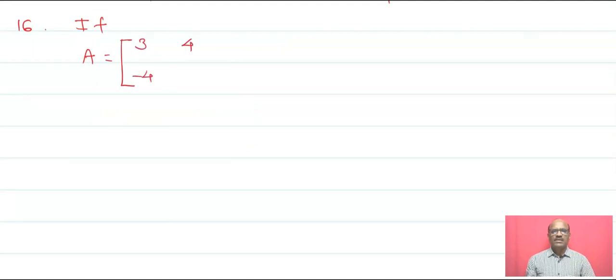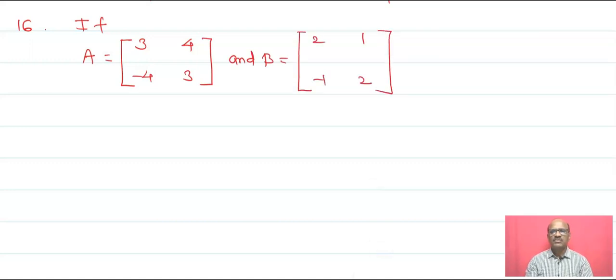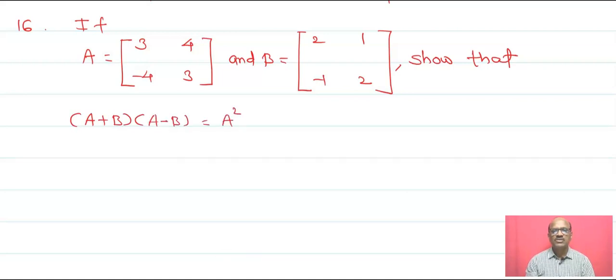Now next is question number 16. If A is 3 4 minus 4 3 and B is 2 1 minus 1 2, the two matrices A and B are given, then show that (A plus B) into (A minus B) is equal to A square minus B square.